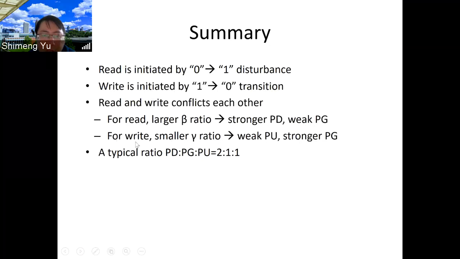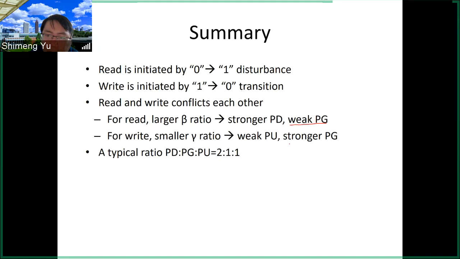But for the write, we want a smaller gamma ratio. That means we need a weaker pull-up, stronger cascades. So you see that for read, we want a weak cascade. For write, we want the strong cascades. Then this is a fundamental conflict.